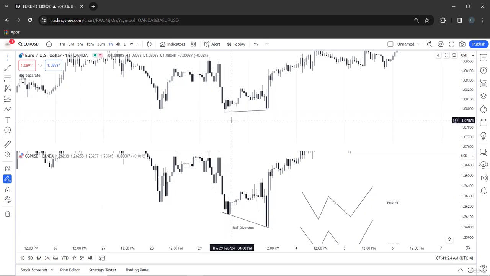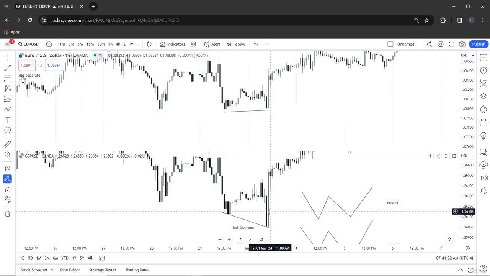But if you had any doubts after that, something happened just a few hours later. The pound dollar made a lower low that the euro dollar failed to make right there. And right there, you have your SMT divergence between correlating pairs.